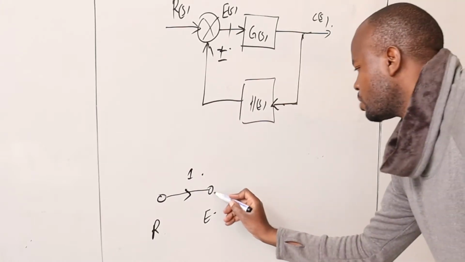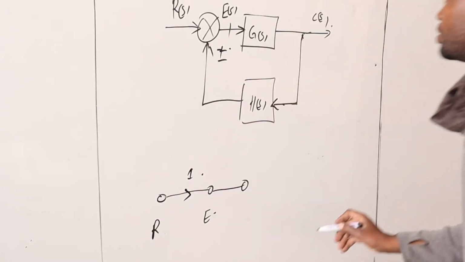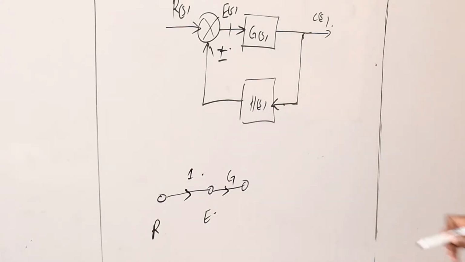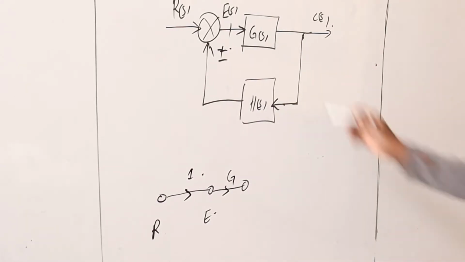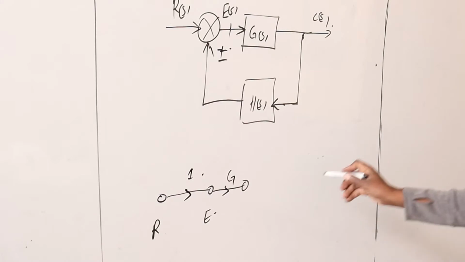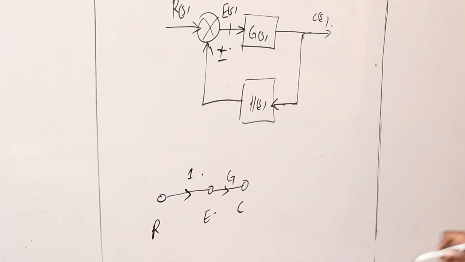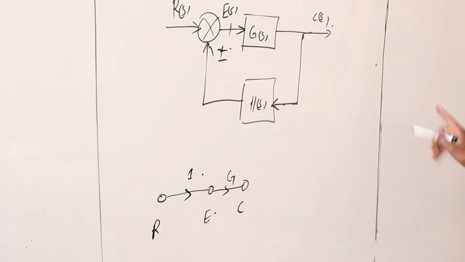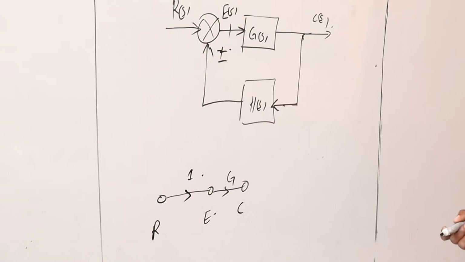Then after that, we can talk of the other node, which is G. We have G here, with the gain of G. And then here we have C. If you remember what we talked about as far as the output node is concerned, the output node cannot have an outgoing signal, especially if you are the one carrying out the construction.